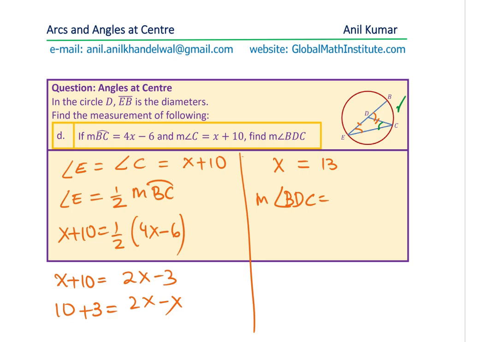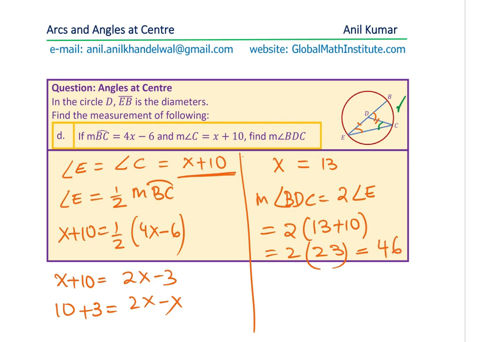Angle BDC is twice angle E, correct? So we have twice angle E, which is x plus 10, right? So we substitute 13 for x, and we get twice 23, and that gives you the angle of 46 degrees. Do you see that? So the angle which we need to find, BDC, is equal to 46 degrees. Is that clear to you?